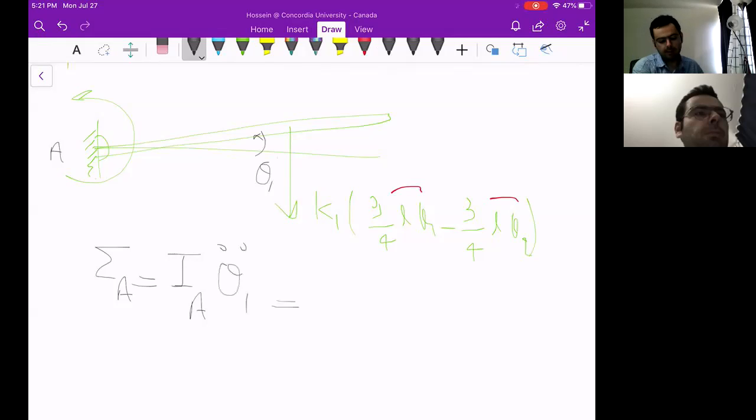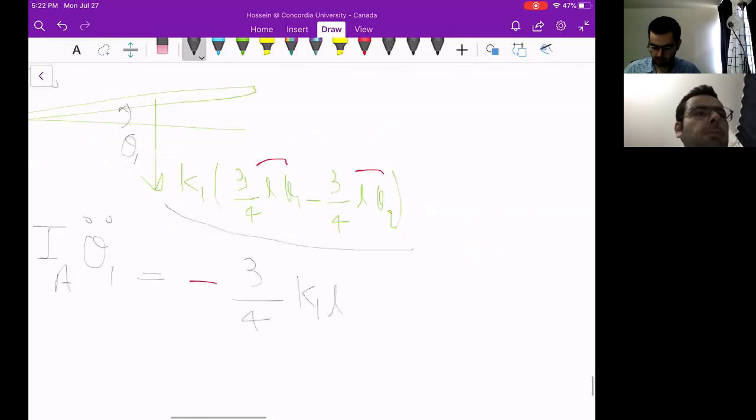Since this force creates a clockwise moment and we assume counterclockwise positive, there is a negative moment here, negative 3/4 K1 L, if I factor out this term, times theta 1 minus theta 2.